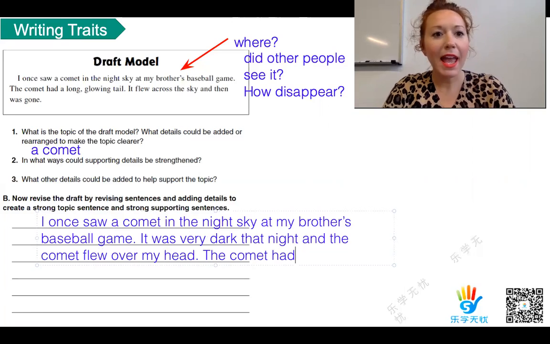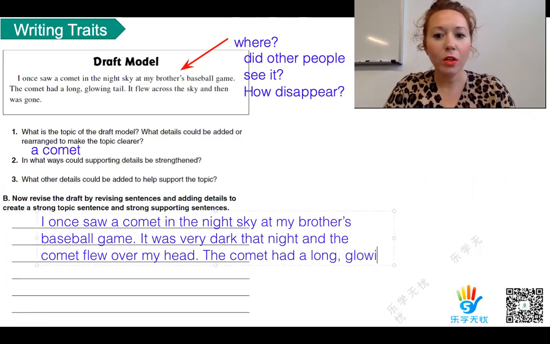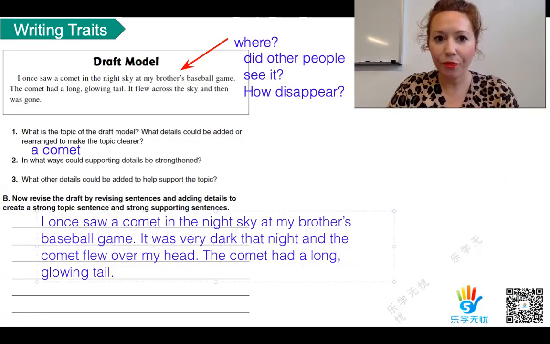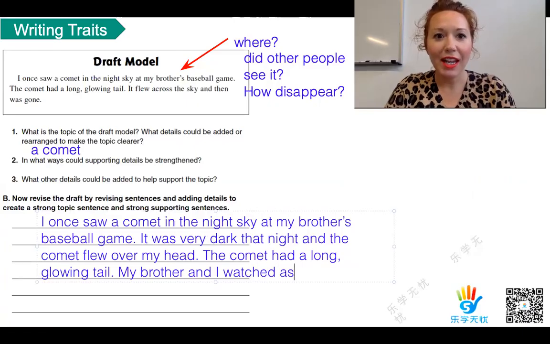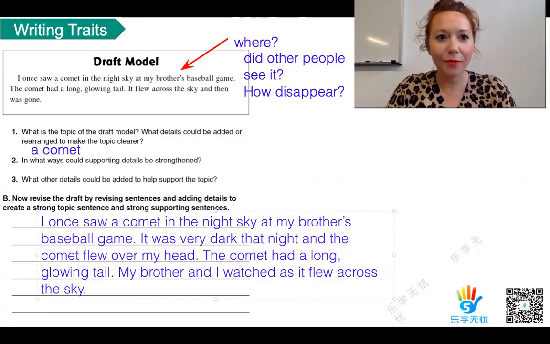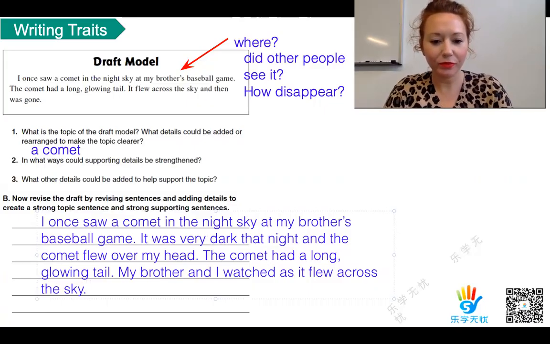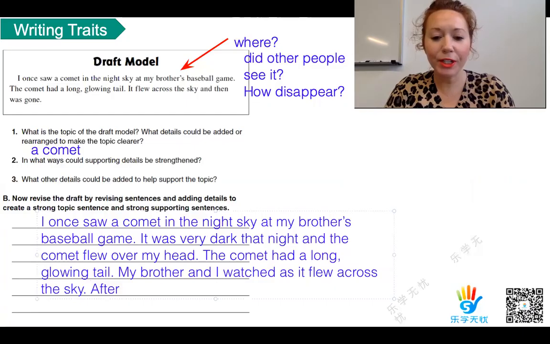The comet had a long, flowing tail. My brother and I watched as it flew across the sky. After that, it disappeared and was gone.